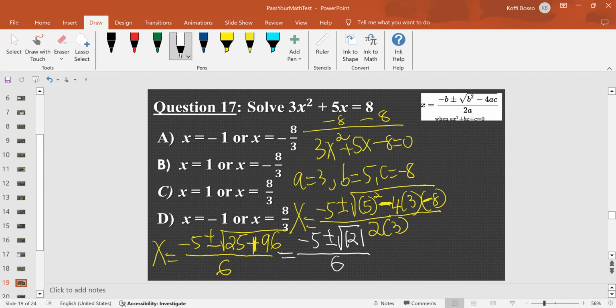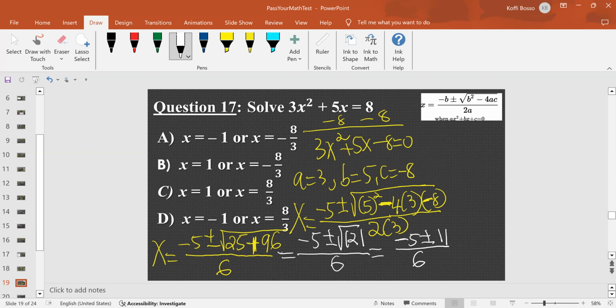So the square root of 121 is 11 because 121 is 11 multiplied by 11. Therefore, this is the same as negative 5 plus or minus 11, divided by 6.